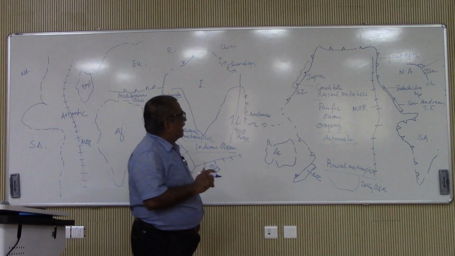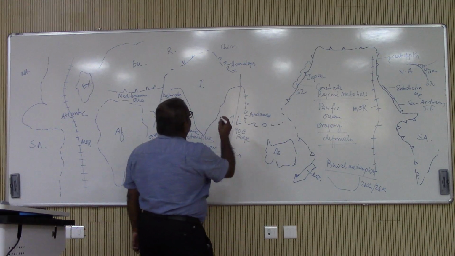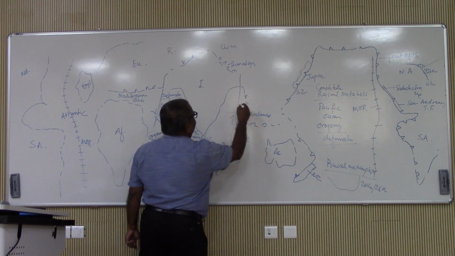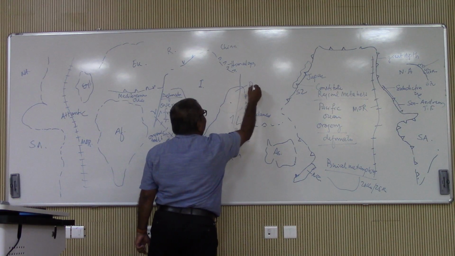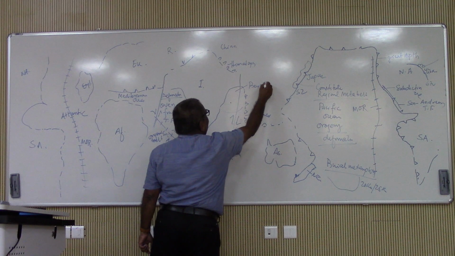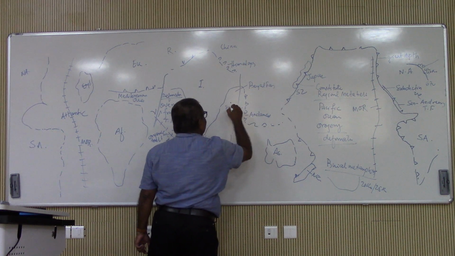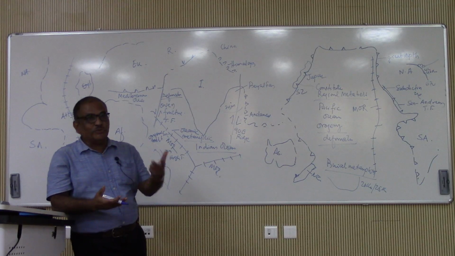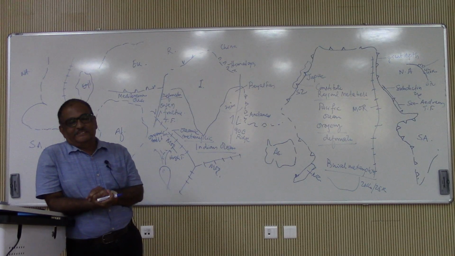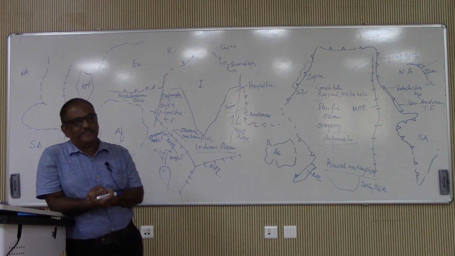Now see, I will give you ये जगह, ये जो Bengal Fan है, sediments up to 25 किलोमीटर थी। इतना डेप्थ है वहां, unusual. मेरा बात समझा?